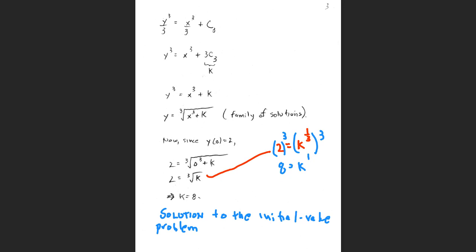Well, you wrote it down. y prime equals x squared over y squared, where y of 0 is equal to 2. That solution is going to have to equal y equals the cube root of x cubed plus 8.